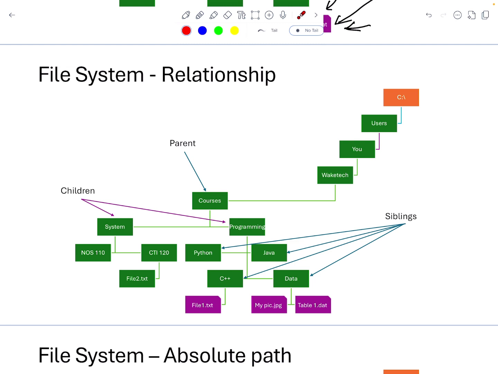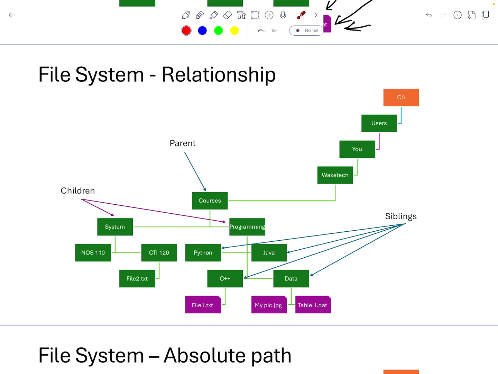There is a parent-child relationship between the levels. For example, courses is a parent directory for the system and programming directories. The other way to say it is that system and programming are the children of the courses directory.